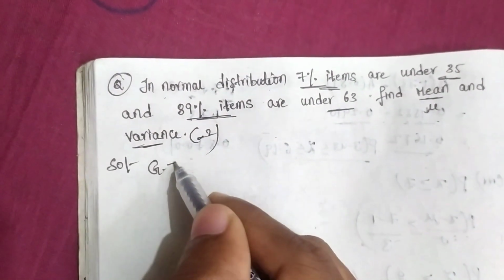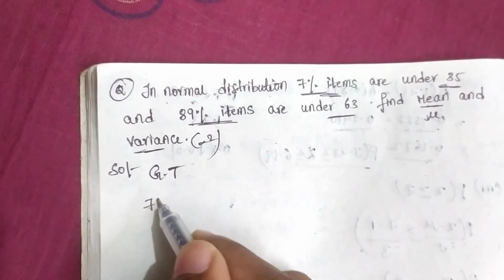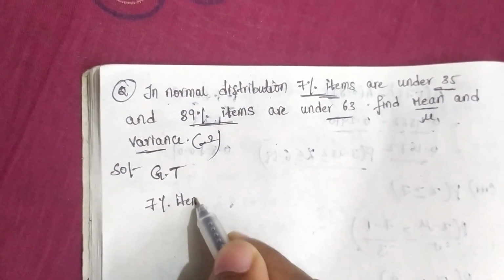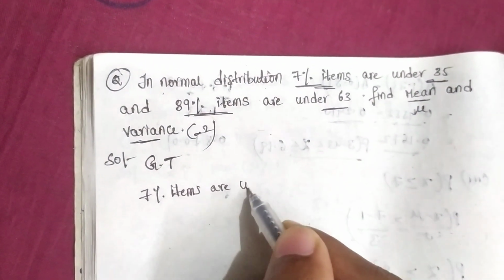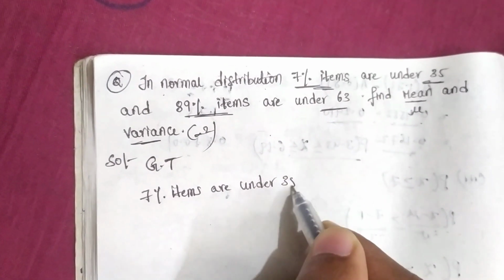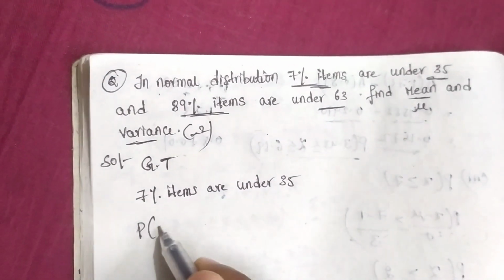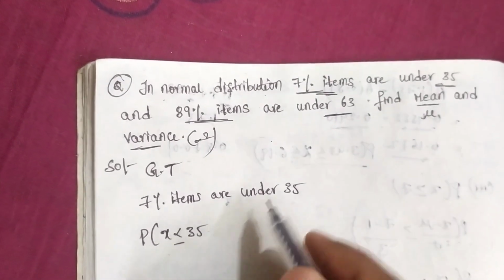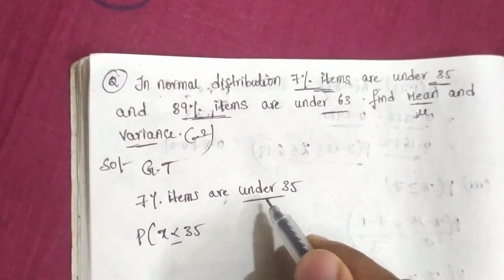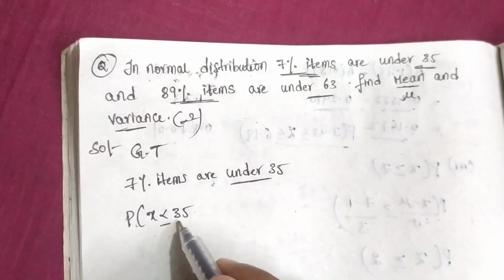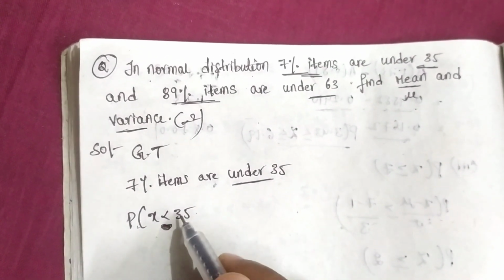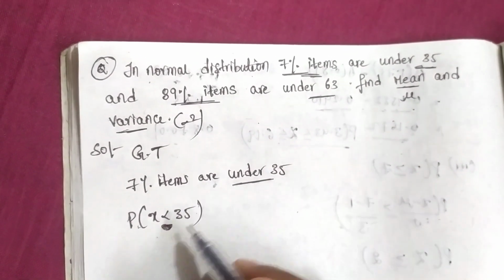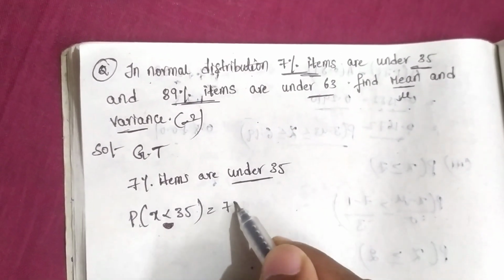Here given that 7% of items are under 35, that means P of X less than 35. We take less than because it is given as under 35. So P of X less than 35 equals 7%.